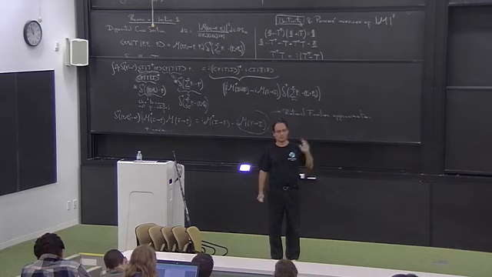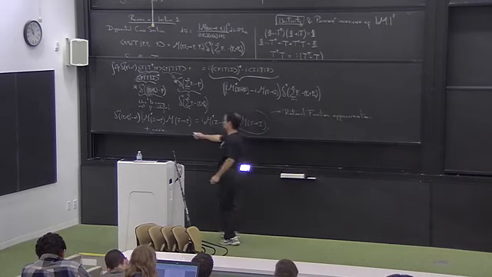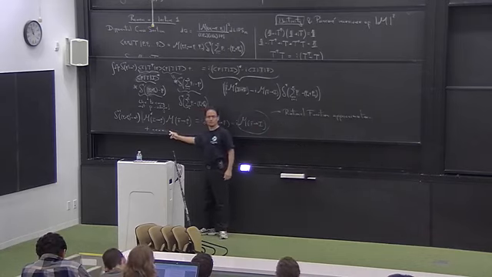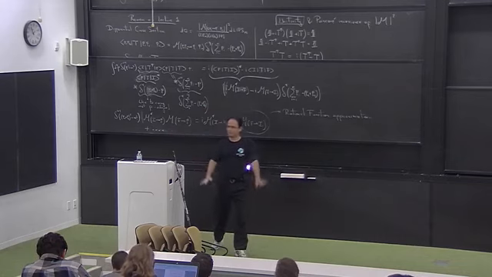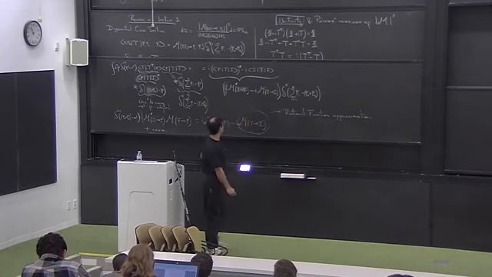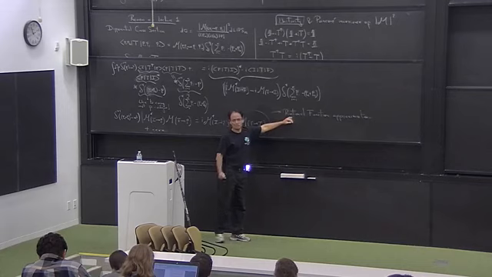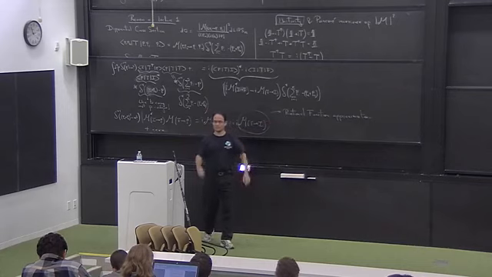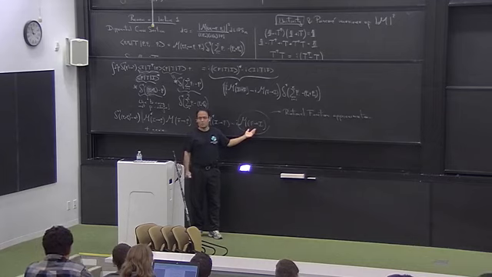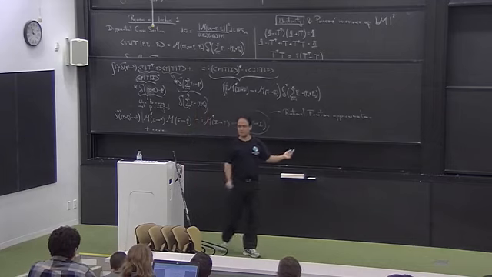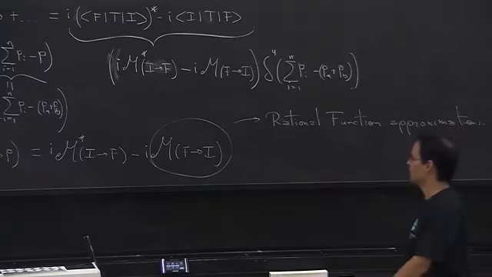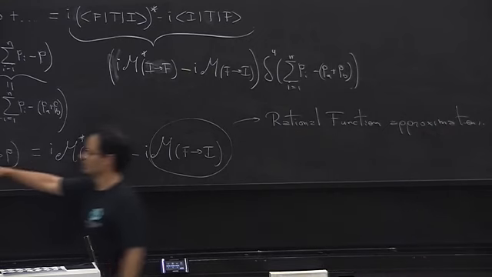That assumption will break down once I take more terms from here. But since I'm not considering those terms, I'm going to be fine, okay? So this is a rational function of the external momenta. If I find what all its singularities are, I'm going to be in great shape, okay? That's why I want to keep this term.